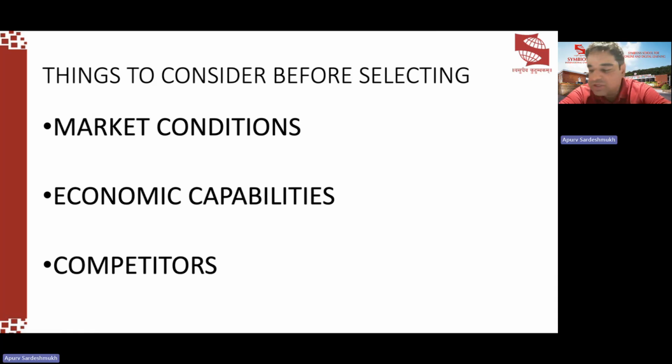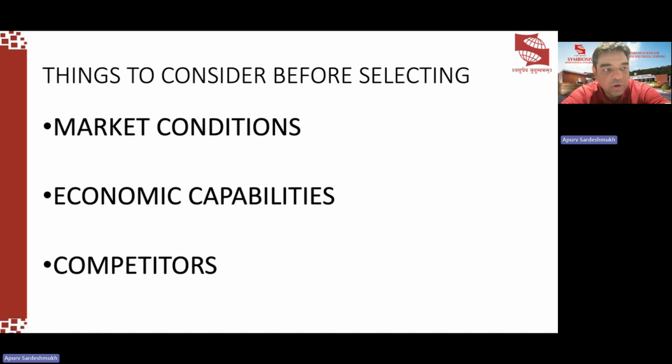Are your economics going to improve based on the acquisition? If the economics are not going to improve based on the acquisition, then that acquisition does not make sense, and it therefore makes great sense to evaluate the target to ensure that your economic capabilities are addressed.